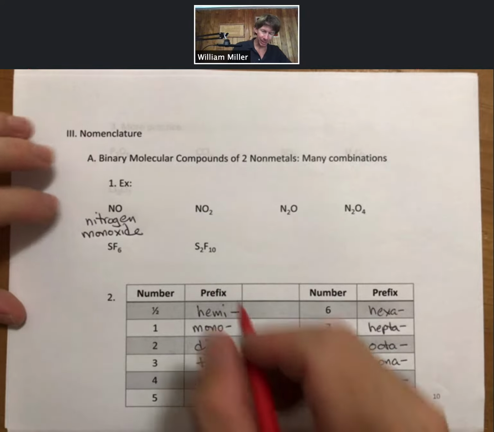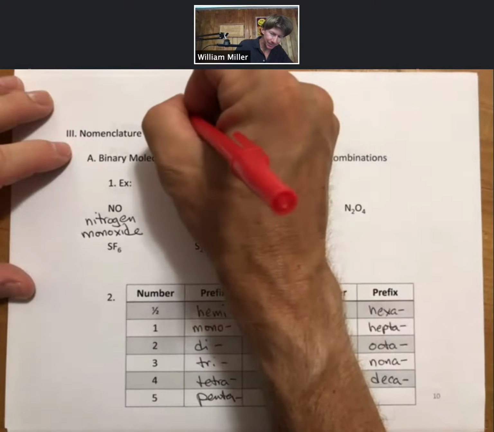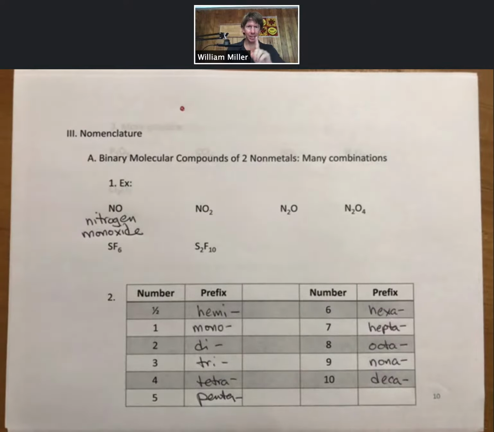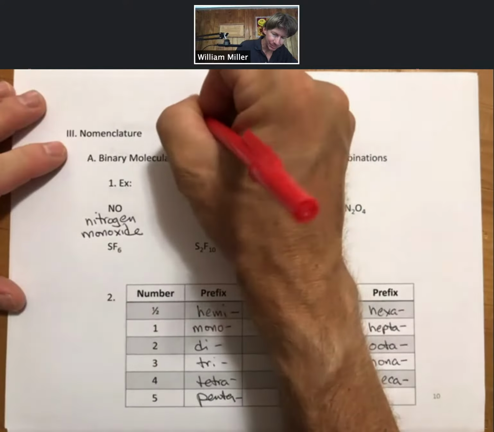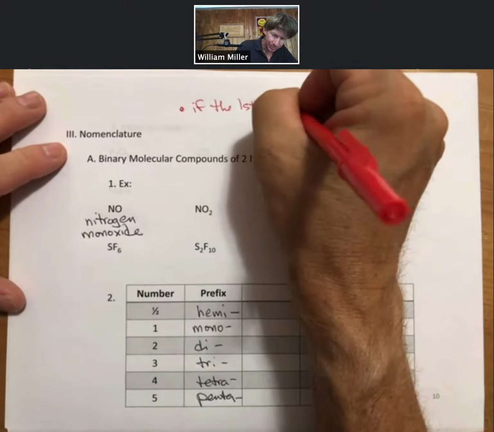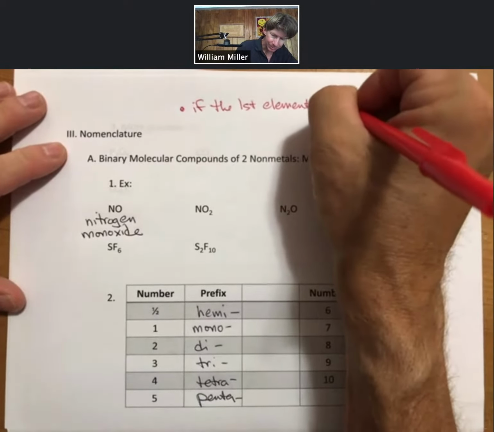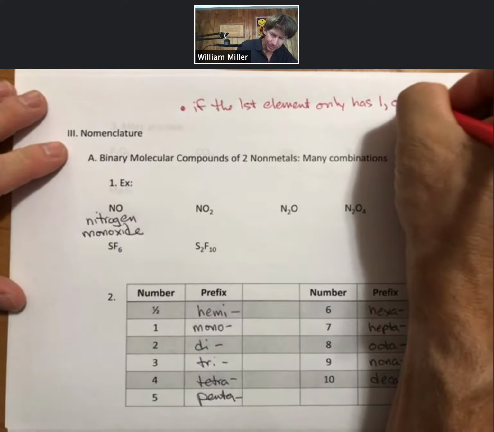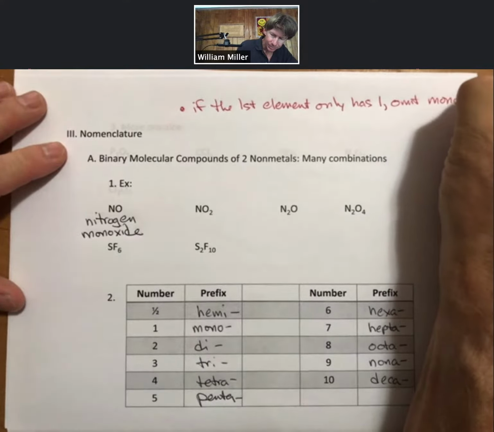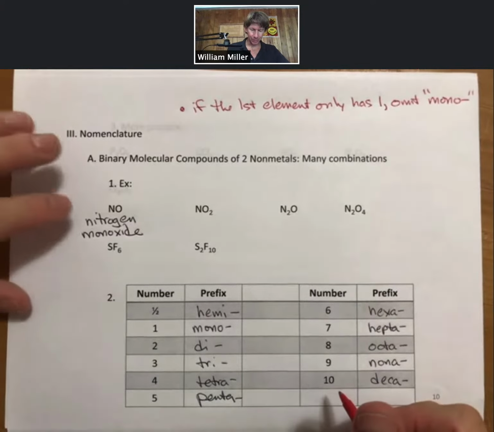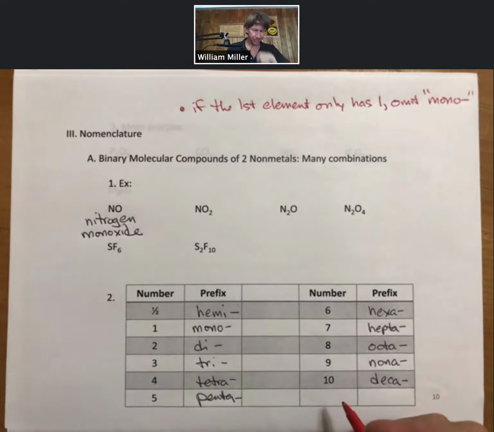First off, and I'll put these rules up here, if the first element only has one, omit mono. Omit mono, so nitrogen monoxide.